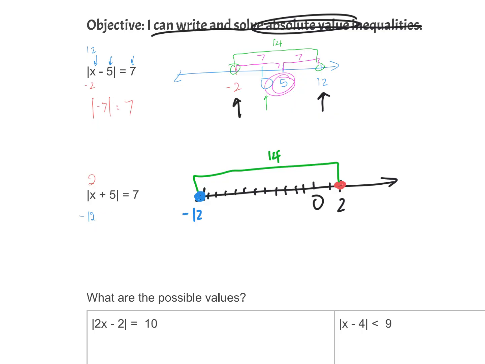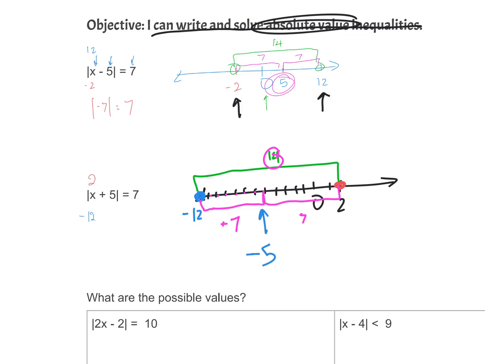And what's going to be in the dead center? Well, what is 7 away from 2? 3, 4, 5, 6, 7. Negative 5 is in the dead center of that. That distance right there is 7, and this distance is 7, because it's half of 14. And boom, right there is negative 5.